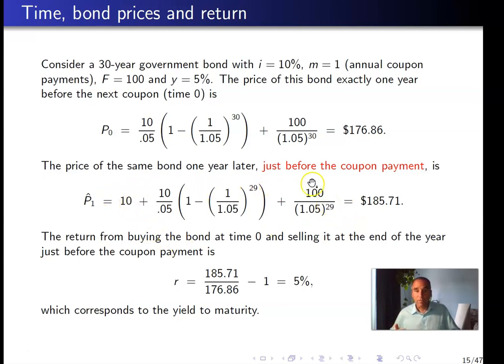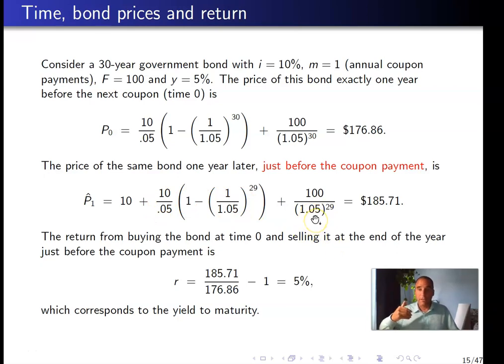So this is the price of the bond just before a coupon payment, which is the coupon plus the price of the bond after the coupon. So the price of the bond after the coupon. So a 30-year bond, one coupon has just been made, 29 coupons left. Each coupon is $10 and face value is 100.